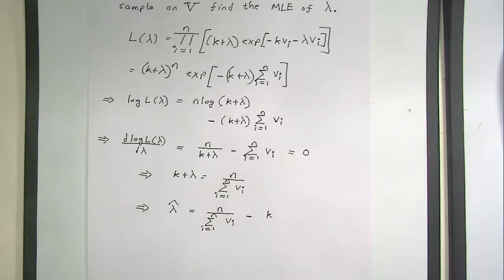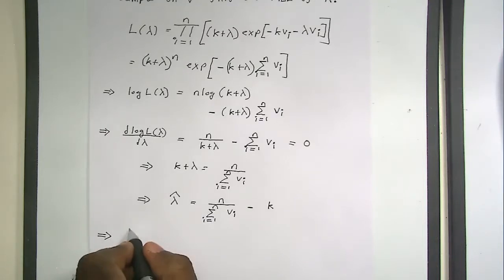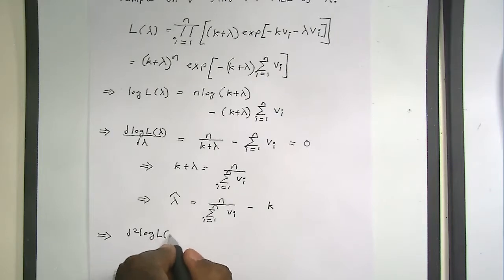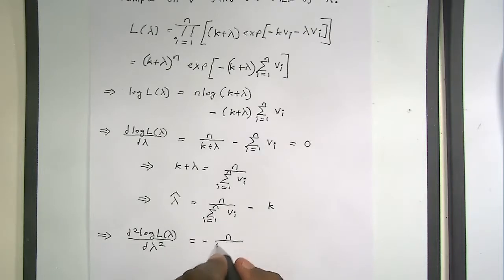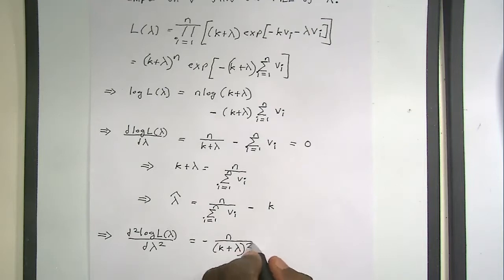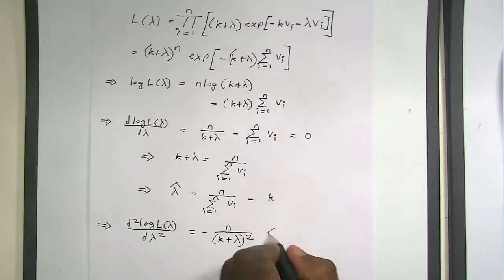And the final step is to take the second order derivative, which is minus n over (k plus lambda) squared, and this is less than 0, of course, right?